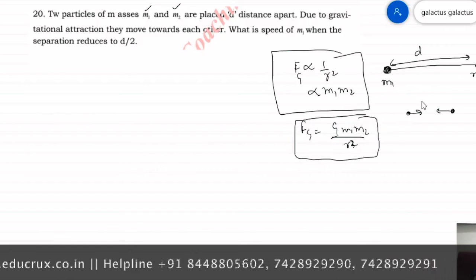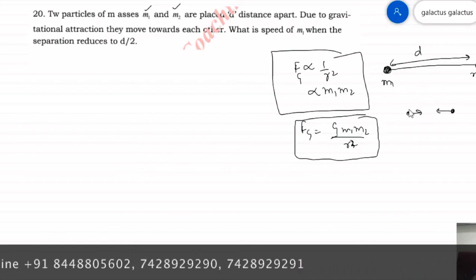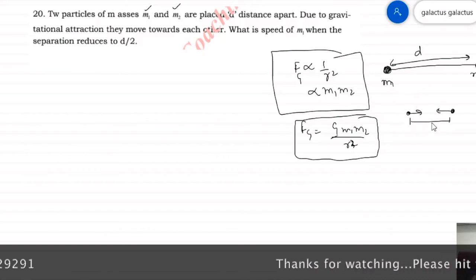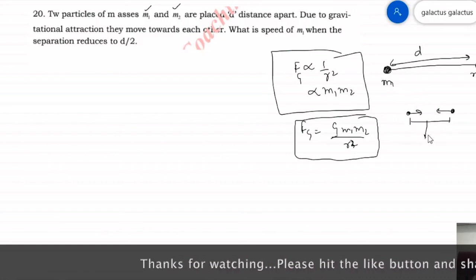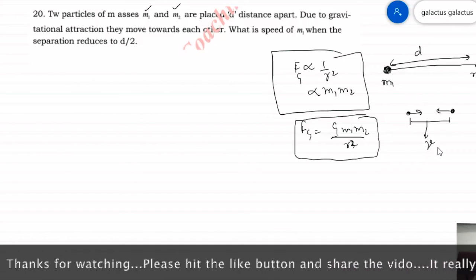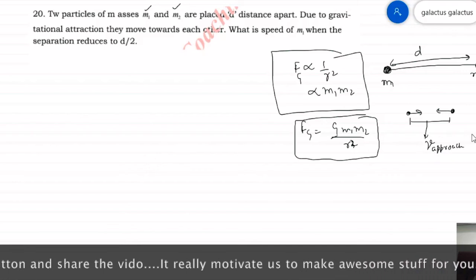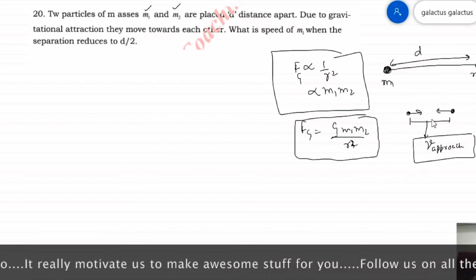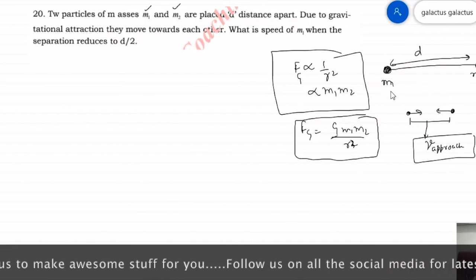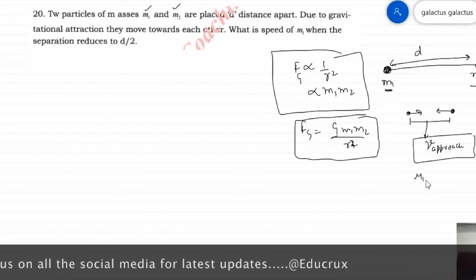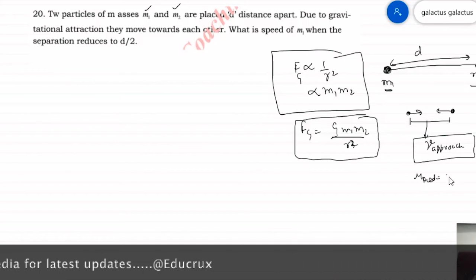When they are approaching towards each other, let us say they approach each other with a velocity, that is v approach. This is the velocity of approach, and the reduced mass for this system will be mu, equal to m1 into m2 upon m1 plus m2.